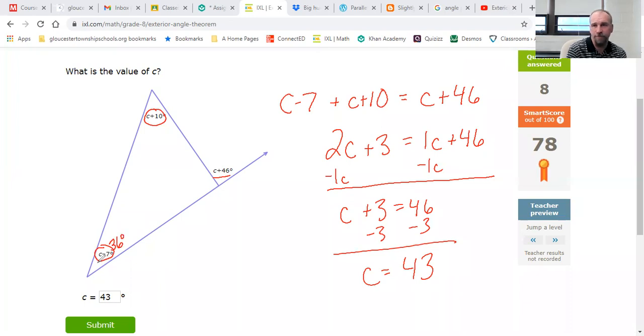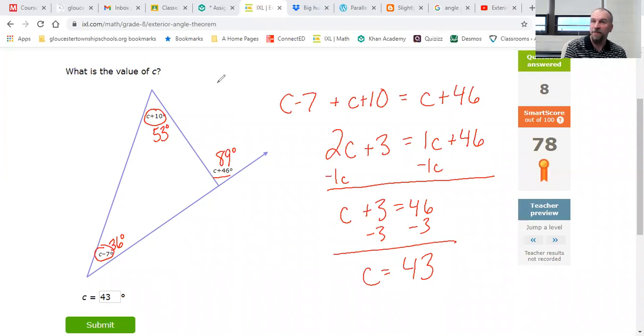That's pretty small, and that looks like pretty small. c plus 10 would be 43 plus 10 is 53 degrees. All right, that's a mid-sized acute angle. That looks pretty mid-sized acute. And 43 plus 46 is 89 degrees. And that looks pretty close to a right.